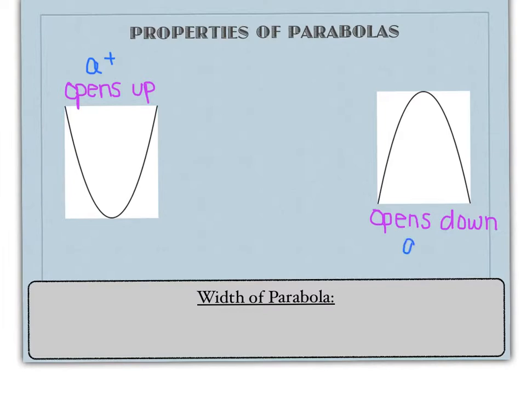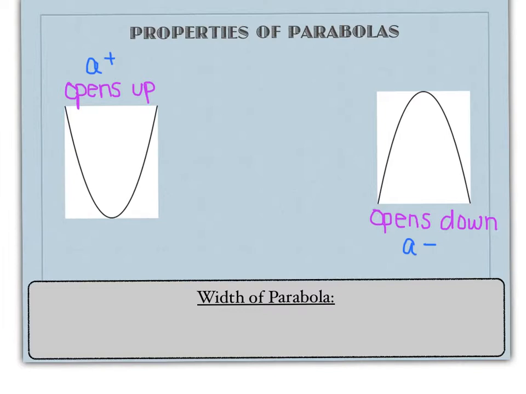If your a value is negative, you're going to have a parabola that opens down. Okay, so a minute ago we did a couple of examples where it was like 5x squared. That would open up. Okay, if it was a negative 5x squared, that parabola would open down.